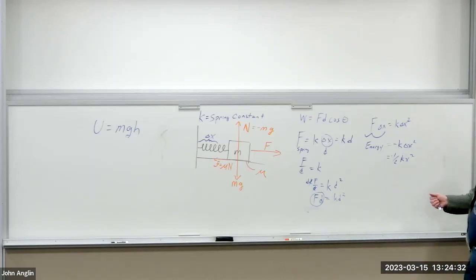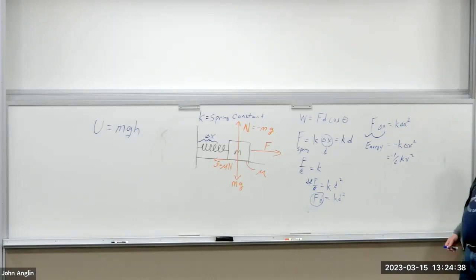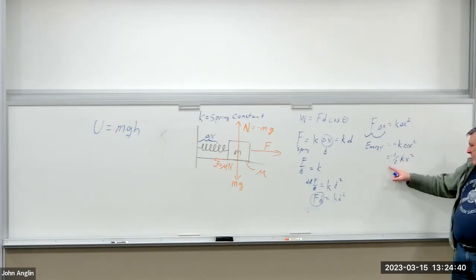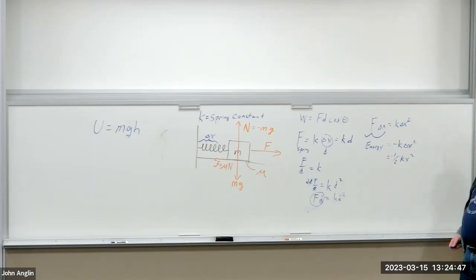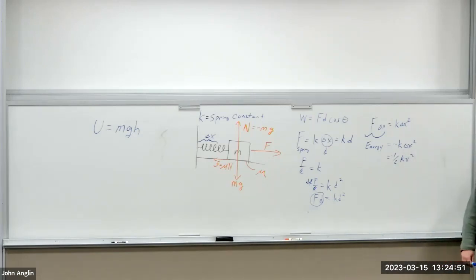That's our other dependent variable. So we get a kx squared. And again, the math details are not too important here, except that a 1/2 factor comes out of here. And so there's your spring kinetic energy.